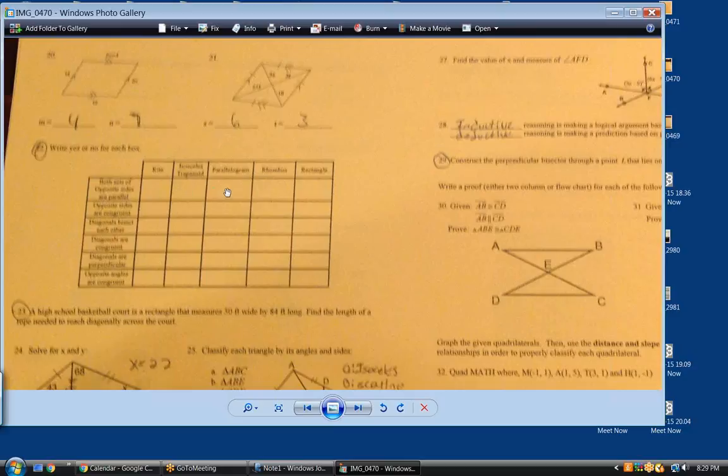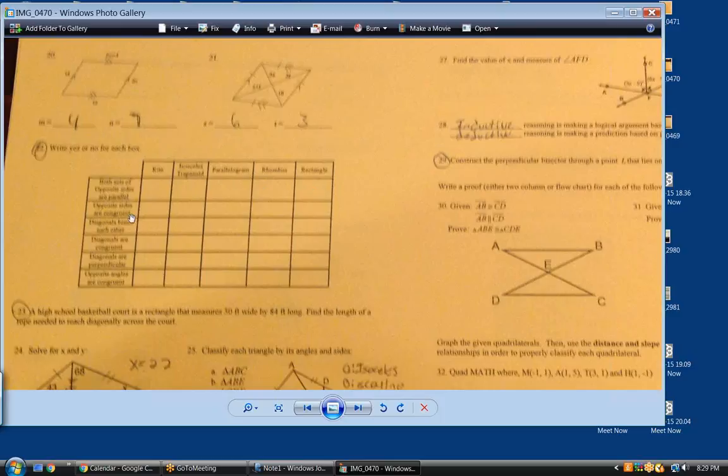Not a trapezoid. Definitely a parallelogram. Is that a rhombus also? Yes. So a yes goes in that box and a yes goes in that box. How about a rectangle? Yes. Both sets of opposite sides of a rectangle are parallel.